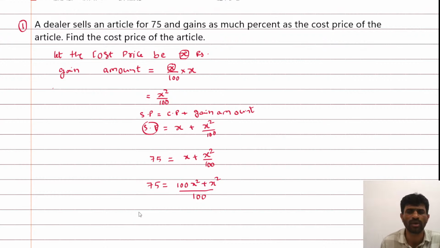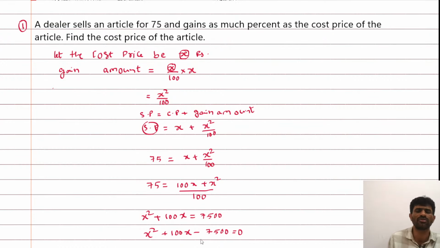So from this what is the final equation? x square plus 100x is equal to 7500. So finally the equation is x square plus 100x minus 7500 is equal to 0.